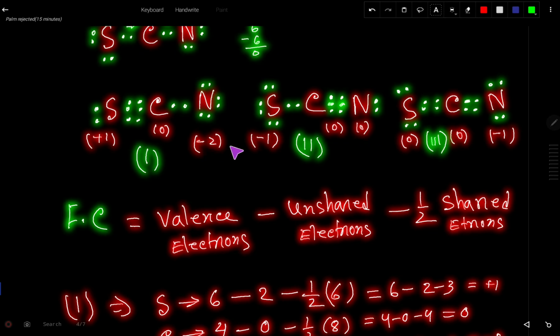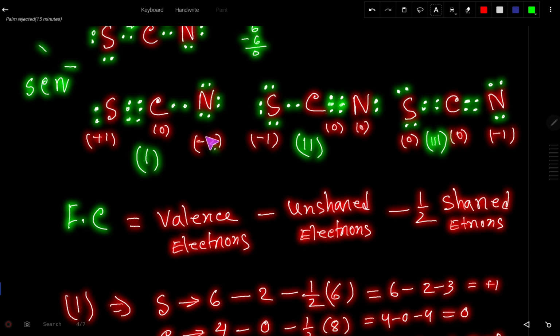Among these two structures, here sulfur is +1 and nitrogen is -2. We know that nitrogen is more electronegative than sulfur, so a minus charge on nitrogen is accepted. SCN has a -1 charge, so if you add -2 and +1, you will get -1, right?